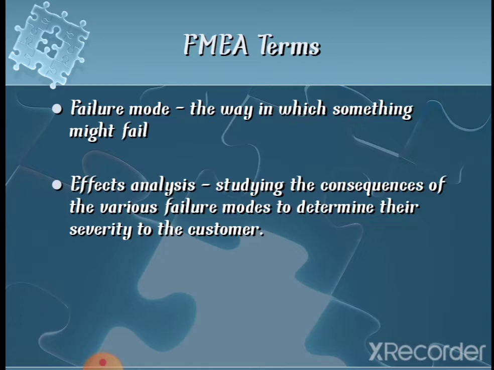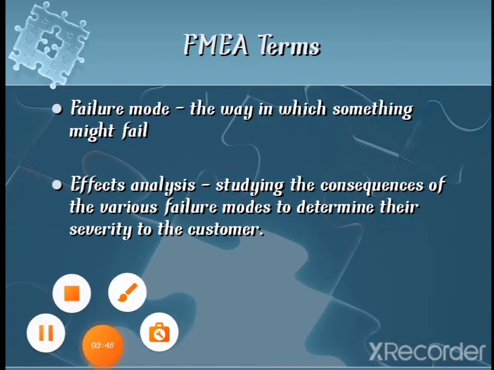Now we will see it term by term. What is FMEA? FM is failure mode, that means the way in which something might fail. And what is EA? It is effects analysis, studying the consequences of various failure modes to determine their severity on customers.